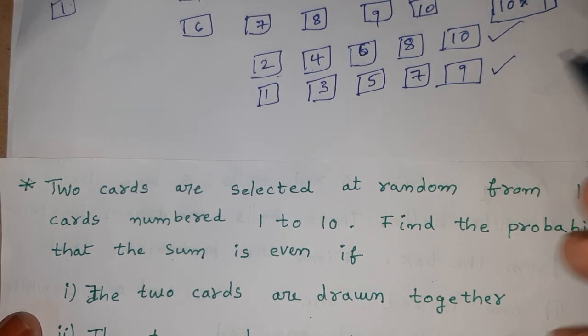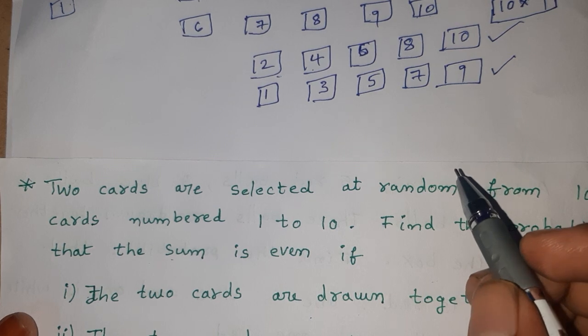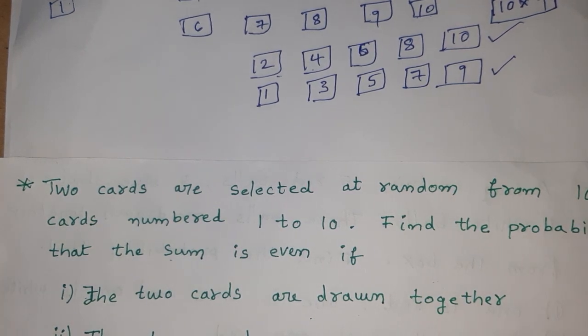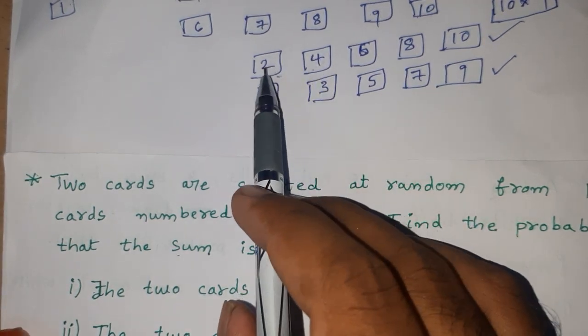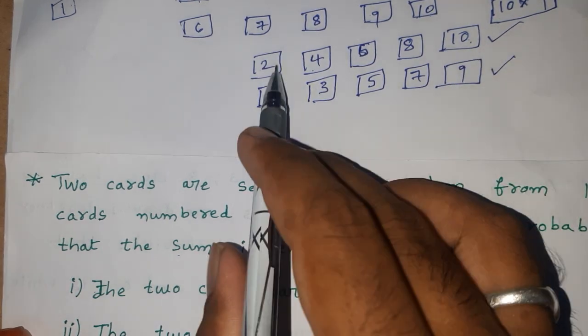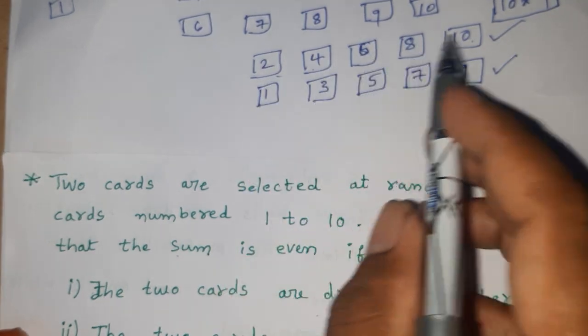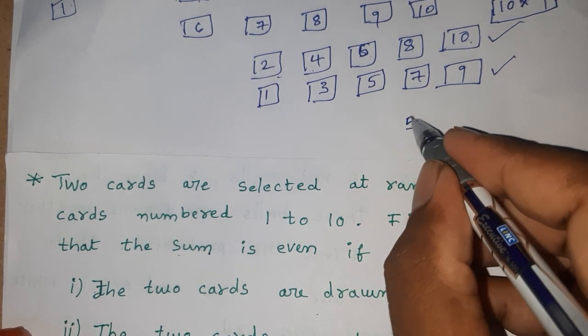But here also we have to select one after the other with replacement. Now, for example, if we select one even chord, there are how many ways? 1, 2, 3, 4, 5. Therefore, 5 ways are there. 5 into.